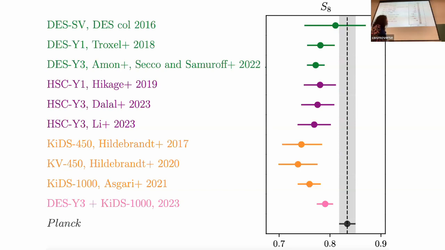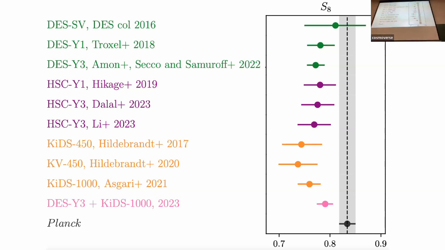Alright, so here I've selected a number of cosmic shear results. At the top you can see the DES results. The first one, SV, is the first result, and then you have year 1 and year 3. These are all the main analyses, and I'm including any reanalysis here.